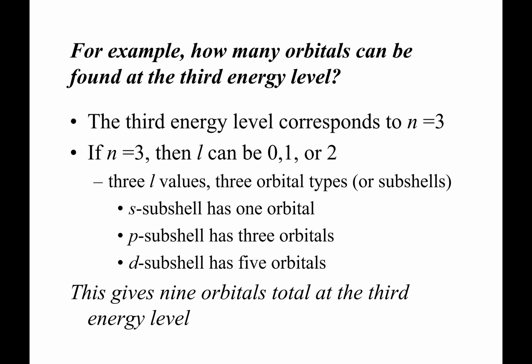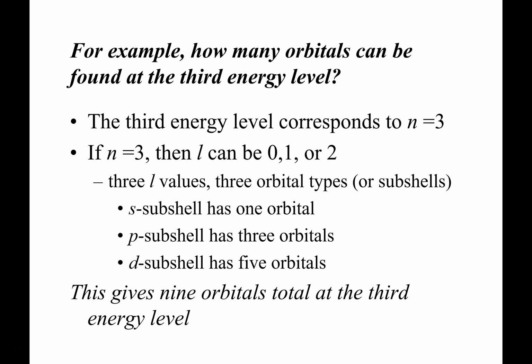In the end, or one of the last slides, I'm going to tell you some shortcuts to a question just like this, and it is so cool. A shortcut to knowing how many orbitals you have in a principal energy level is n squared, where n is your principal energy level.